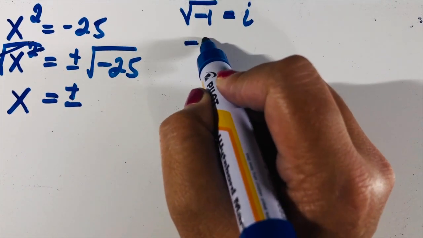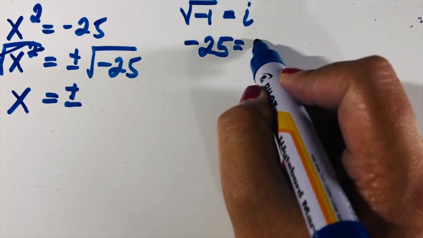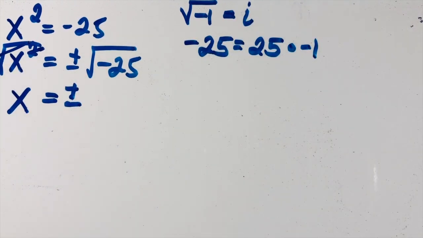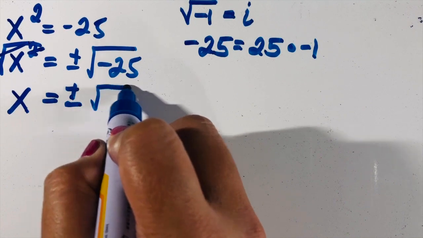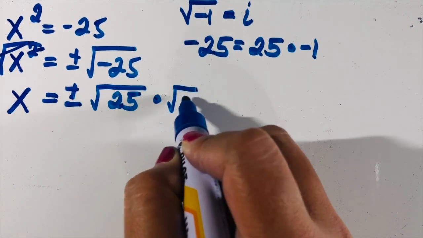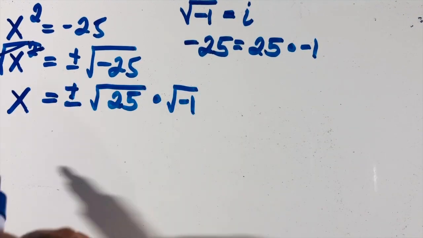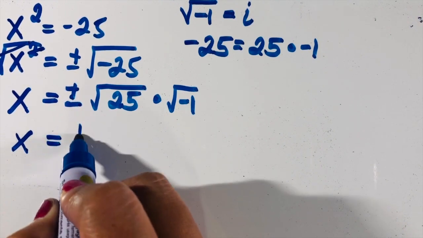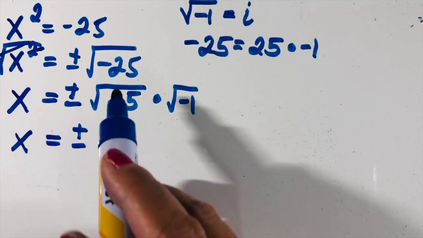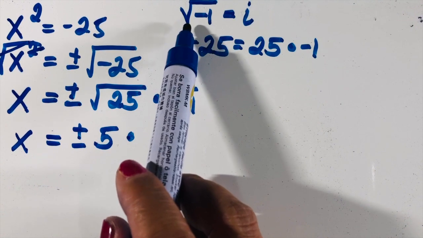Now, we will factor negative 25. The perfect number must be positive. So this will be 25 times negative 1. So let us factor this out. You can separate square root of 25 times square root of negative 1, which is still negative 25. So let us simplify. x equals plus minus, since 25 is perfect and square root of 25 is 5, times what is the value of square root of negative 1?